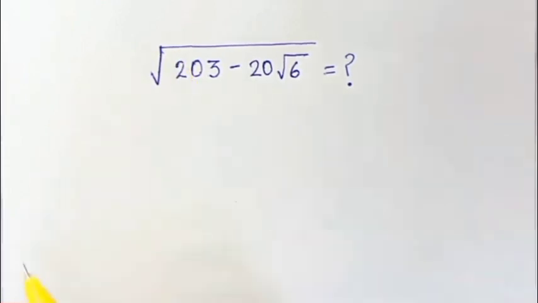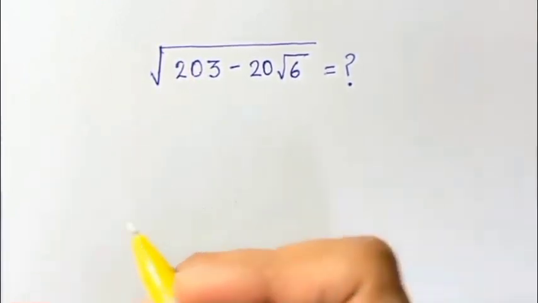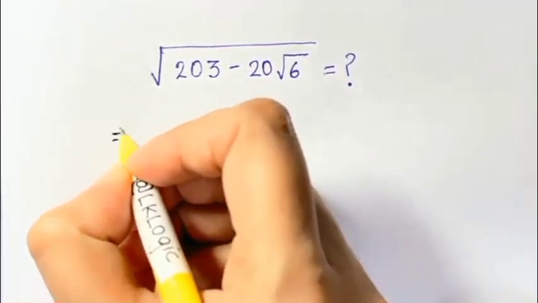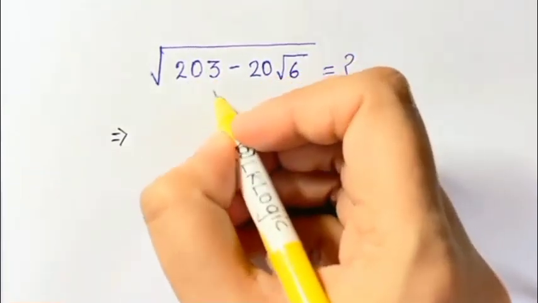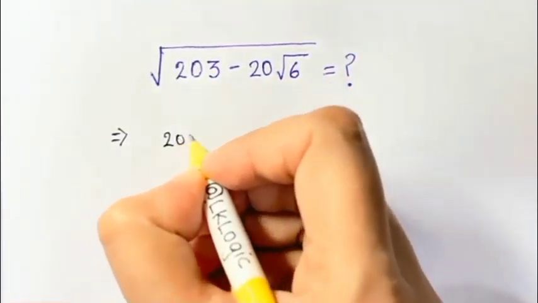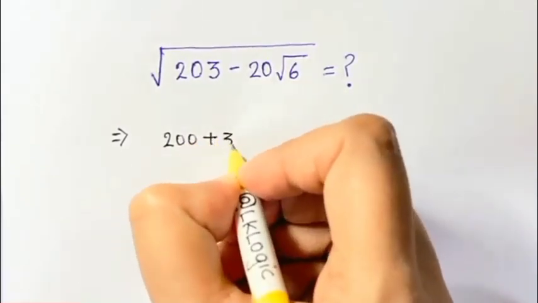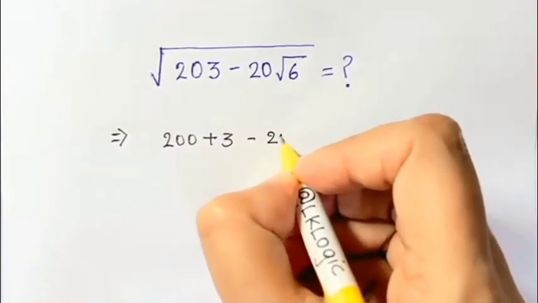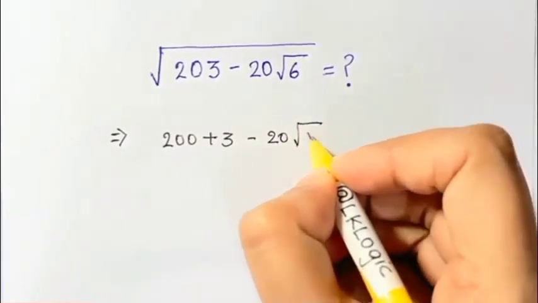What I'm going to do is, you would not be expecting a solution like this, but if you know how to do it, you can easily do this. 203 I can split up into 200 plus 3, and this is minus 20 square root of 6.